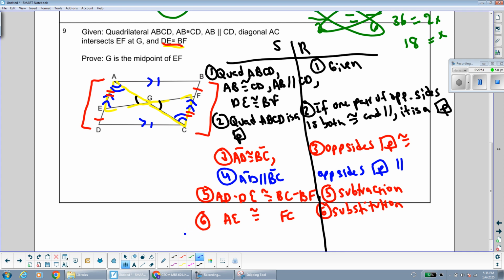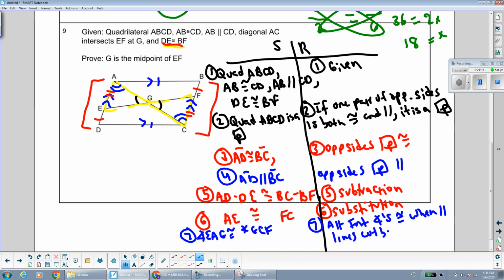Now I'm going to put the alternate interior angles. So I'm going to put angle EAG congruent to angle GCF. And I'm going to put here alternate interior angles are congruent when parallel lines are cut by a transversal.